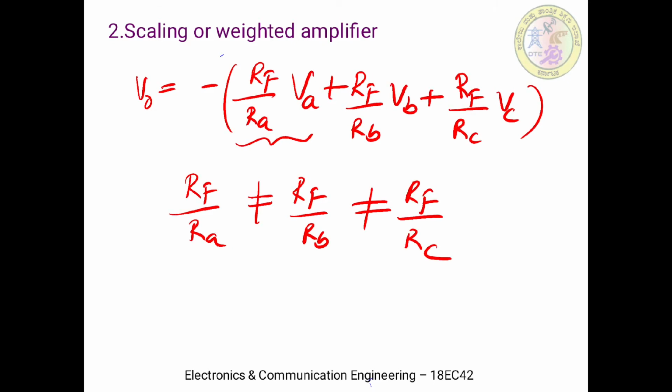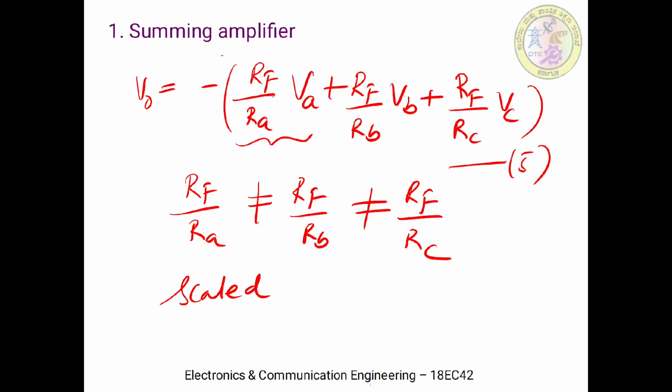So we see that each input will be scaled by a different factor. Therefore we can write the output voltage of a scaling amplifier as simply given by this equation 5.